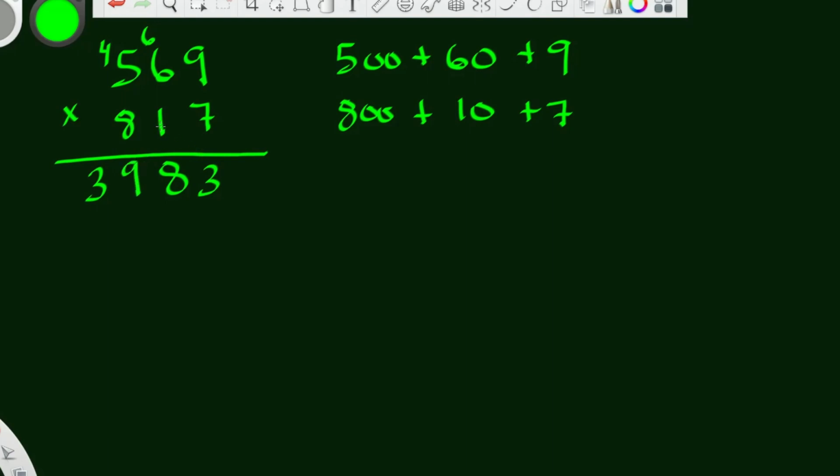Now I need to drop the bomb, because we're at the tens column. Drop one bomb. So I know that anything times 1 is going to equal itself. So that's going to equal 1 times 9 is 9, 1 times 6 is 6, 1 times 5 is 5. All right, now we're doing 800.